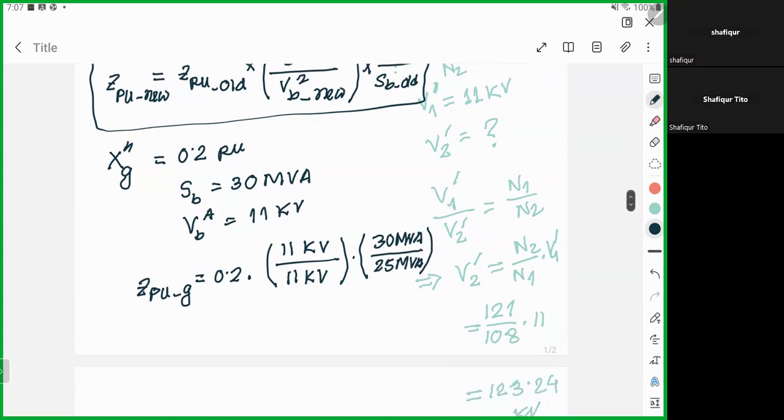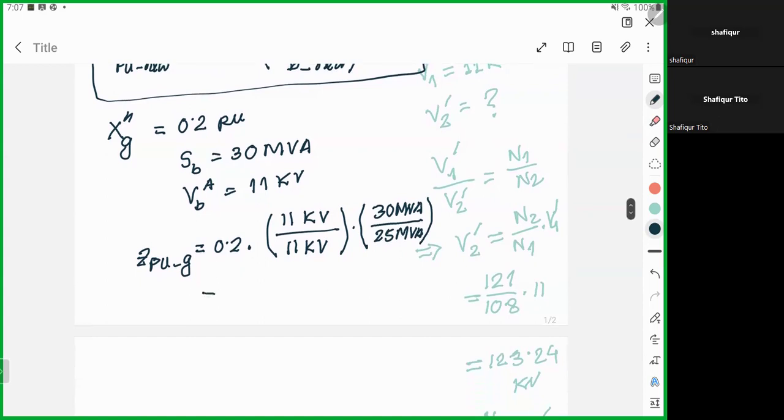As I have taken 30 MVA as base, so we will do the calculation. This is actually squared, but that will not change much because they will cancel each other.